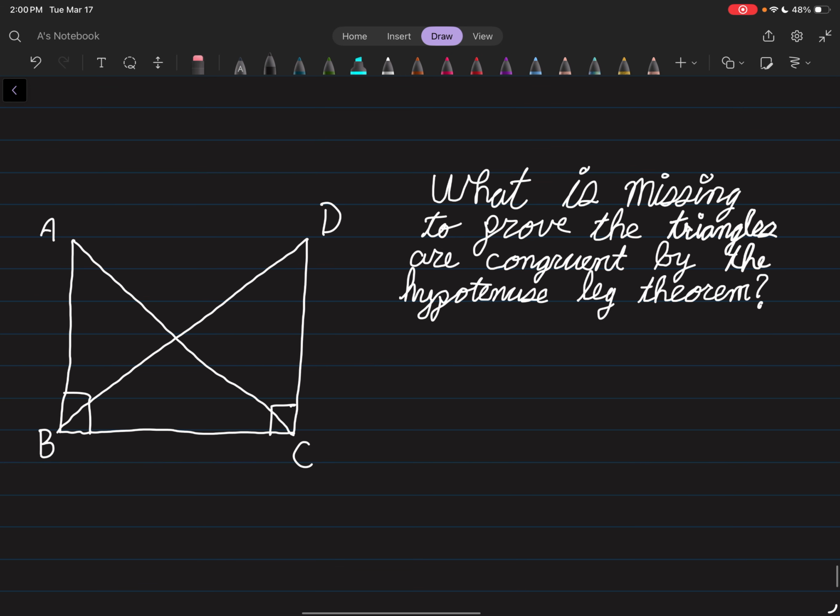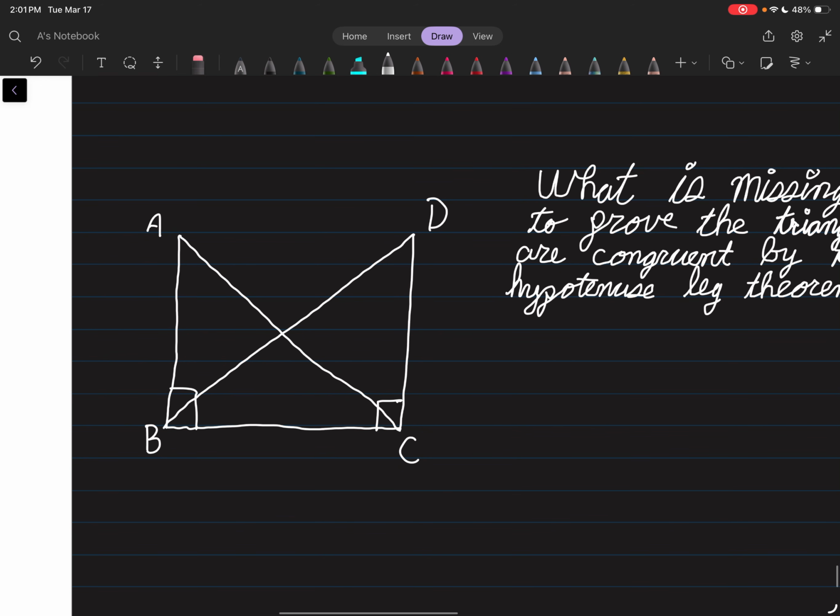The directions on this problem say, what is missing to prove the triangles are congruent by the hypotenuse leg theorem? Okay, on these triangles, I need two things, because I have right angles, so I know I can use hypotenuse leg.